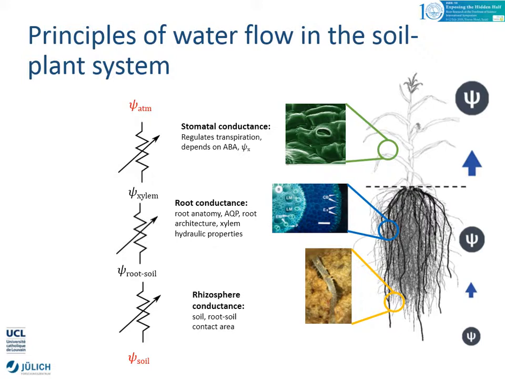And plants can control more or less these three resistances by exuding mucilage, by changing aquaporine activity, by growing, by developing its leaves. So plants have control on these conductances. And in this talk, we will focus on this middle conductance, the root conductance.